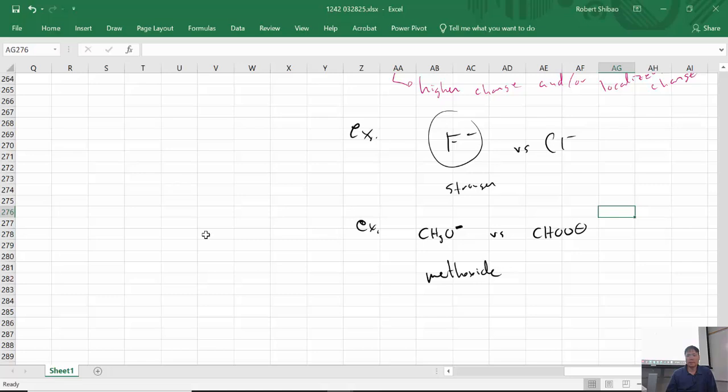Methoxide versus formate. Formate is from formic acid. And so we draw out the Lewis structures for these.